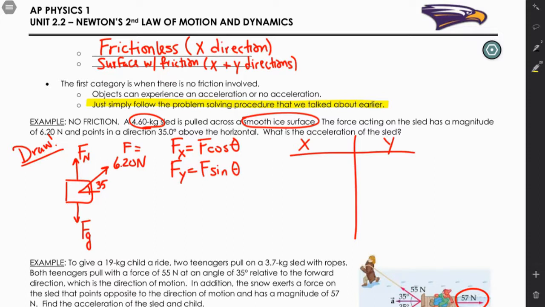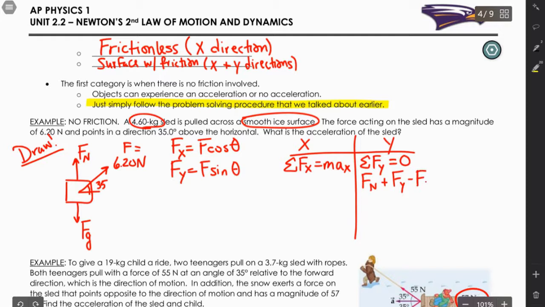All right. So we're going to sum the forces in the x and y directions. Like I said before, you really don't have to worry about the y direction here. I'm just going to do it for practice, okay? The sum of the forces in the y direction is going to be 0. And so the sum of the forces will be Fn up, Fy up, Fg down, and it's going to be equal to 0.